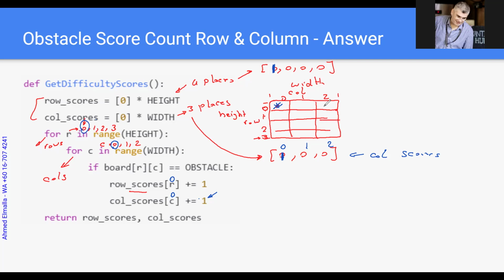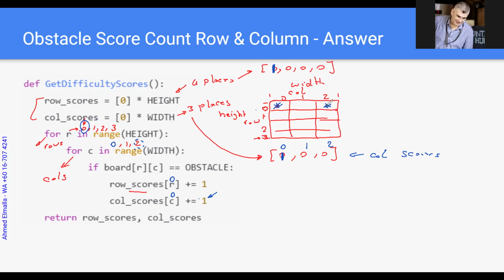So here there is nothing, but here there is another obstacle. So here we will increment nothing, but when C equals 2, no longer C equals 0, and the row is still 0. So we are at row 0 and column 2.